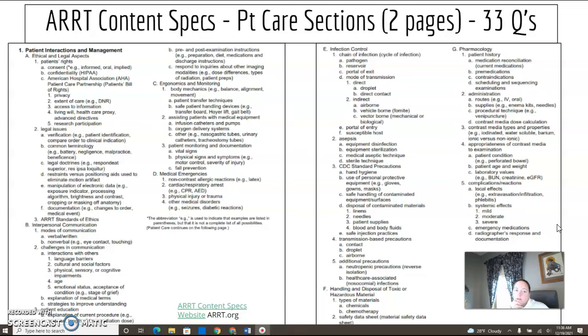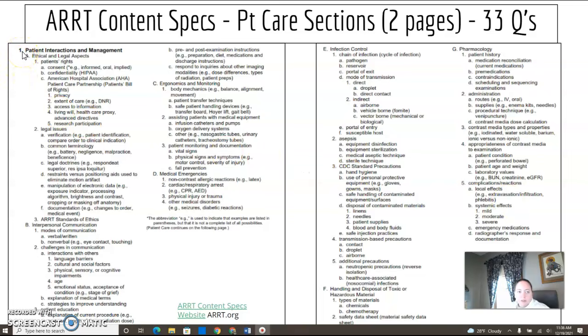So on ART, they have the content specs posted. Print out the specs, or I've already given them to you, and separate out the patient care sections. I recommend doing them in order as they're listed.